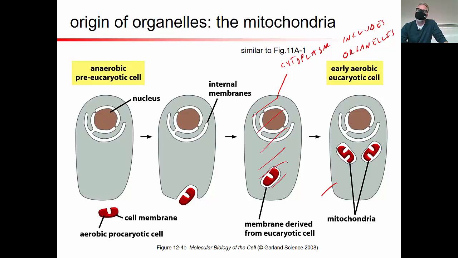In contrast, cytosol is everything inside that excludes the organelles. And so that's why we use the two terms. Sometimes we can use them more or less together, and often that's what we do. I'll try to use cytosol more often than cytoplasm, but sometimes I slip into using the term cytoplasm.